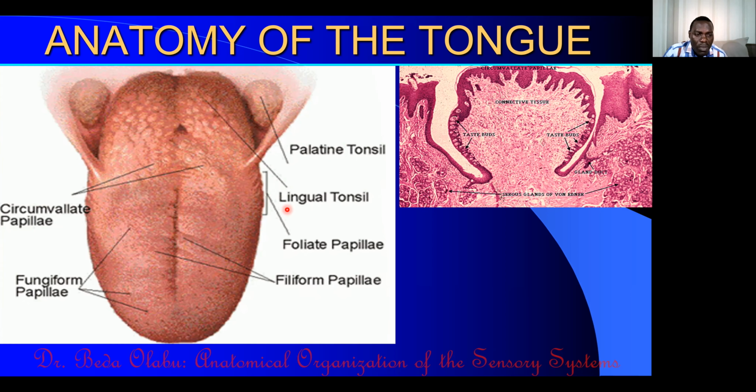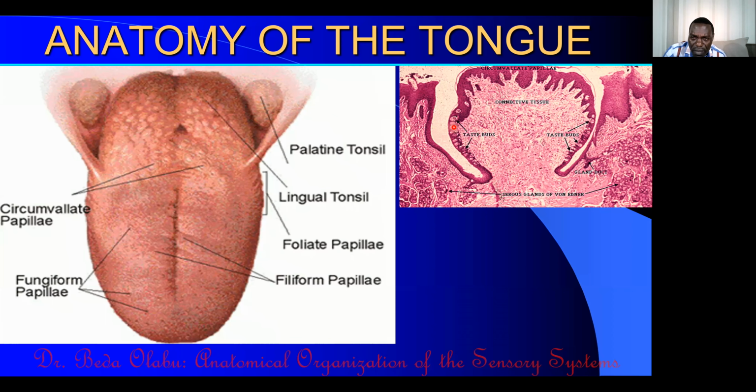Why am I telling you about the papillae? If you have a papilla, then it means you'll have a groove. These grooves are very important because they're the ones that collect chemicals or fluid with chemicals. And so next to those grooves are usually things which look like this.